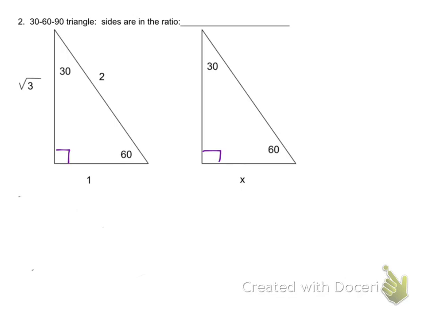So just like before, if this bottom is x, what's the hypotenuse? 2x. What is the left side? x times square root of 3. So the ratio up here is x, 2x, x square root 3.